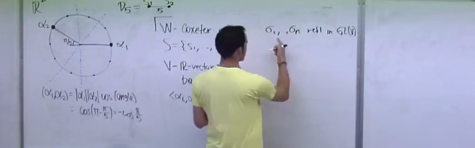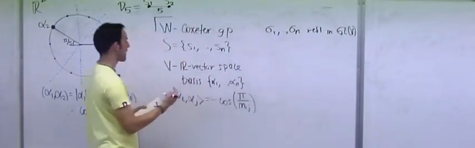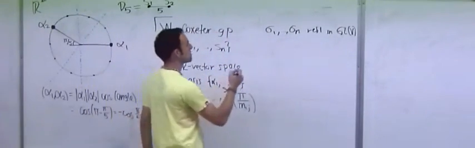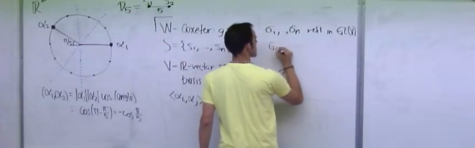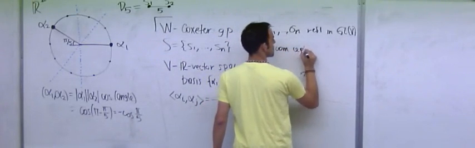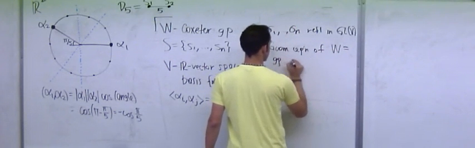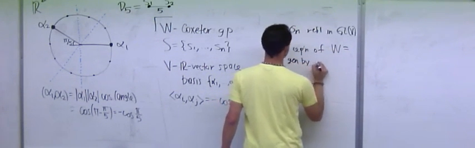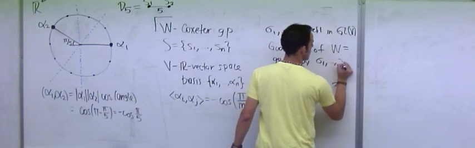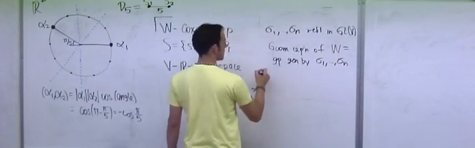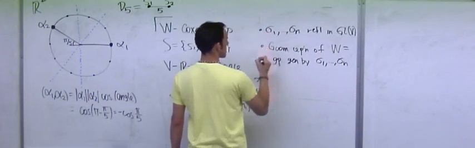And basically I said that the group generated by these, I was going to think of as the geometric representation of W. This is the group generated by sigma 1 up to sigma n. Okay.